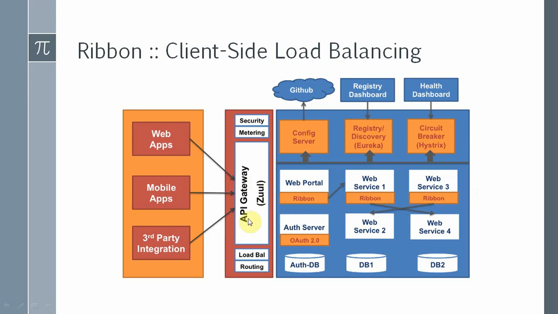Also here, as I discussed in the previous session, you can use Zuul as API gateway, as you see here. And you may have an authentication server for having OAuth 2 for your security purpose, for generating access tokens, refresh tokens.